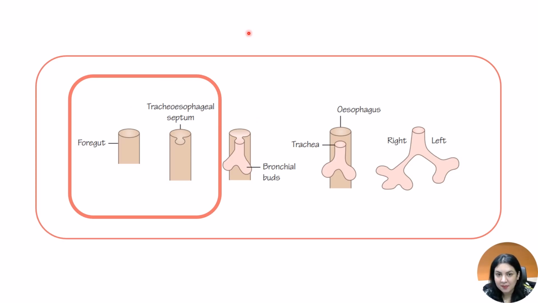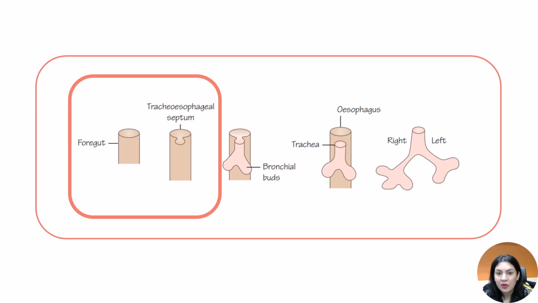So this is quite an important step that occurs before any of these further divisions to the respiratory diverticulum can even take place, to start to create that separation between what will become the trachea and what will become the esophagus. So that's essentially what the name suggests, right? Tracheoesophageal, so tracheo from trachea, esophageal from esophagus, and septum meaning that barrier or that separation between the two.